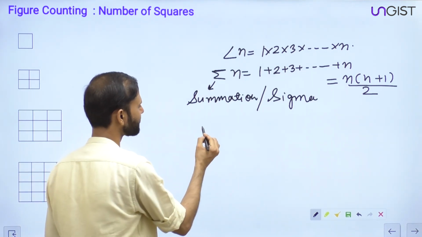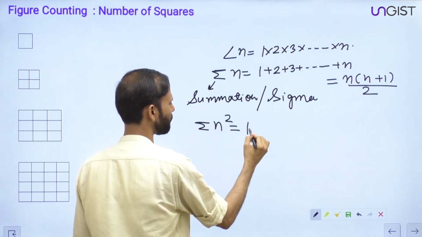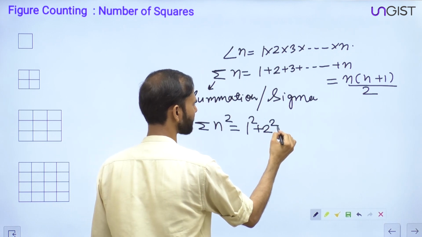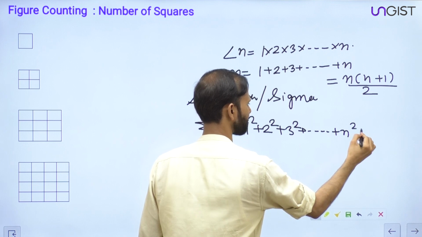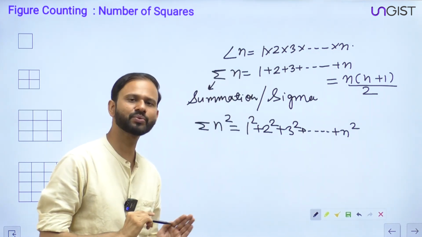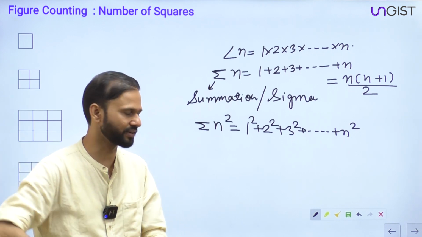Okay. After that, sigma n square. Sigma n square is 1 square plus 2 square plus 3 square plus 4 square up to n square, right?